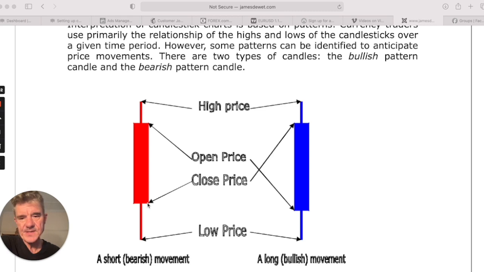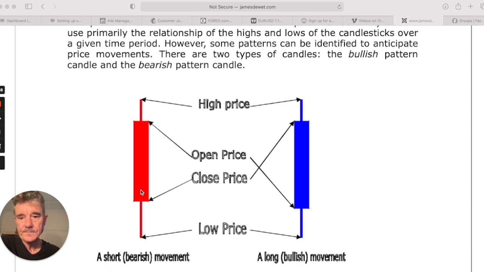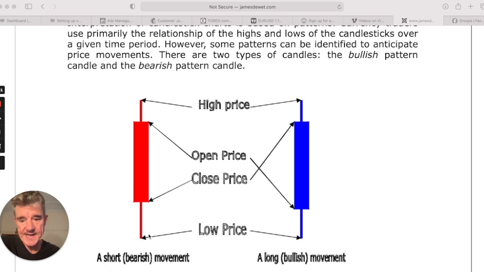So one could surmise what happened during this 1 hour period, or any other period that you might be looking at, is that the price opened here, perhaps went up a little bit, came back to where it started, and then went all the way down here and got to the low price of that period and then bounced back up again and closed. In other words, when I say closed, I mean that's when the hour changed to the next hour, closed at that level.